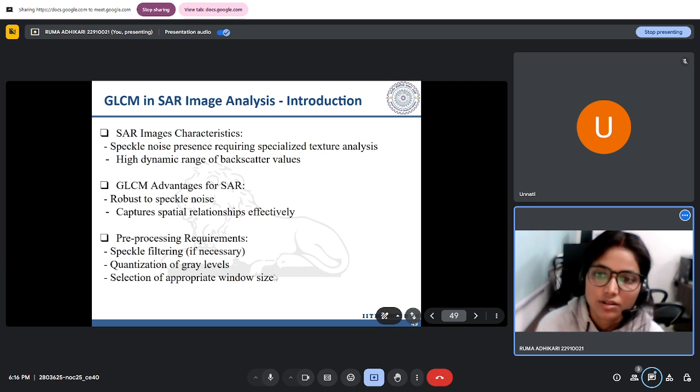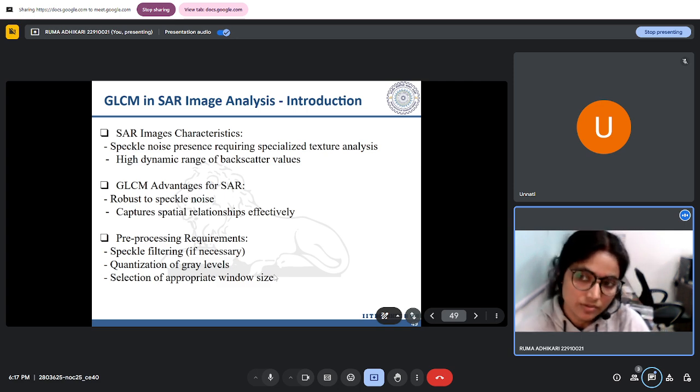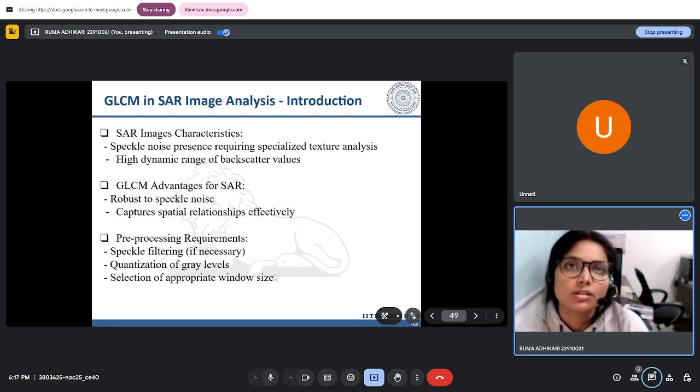Because of that, the texture of our image changes, so we need to handle it, with special texture analysis processing for SAR images. Second is the high dynamic range of backscatter values. There are many anomalies in SAR data: shadows, noise, and system interference.